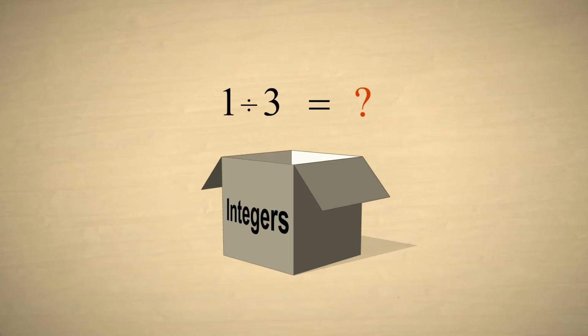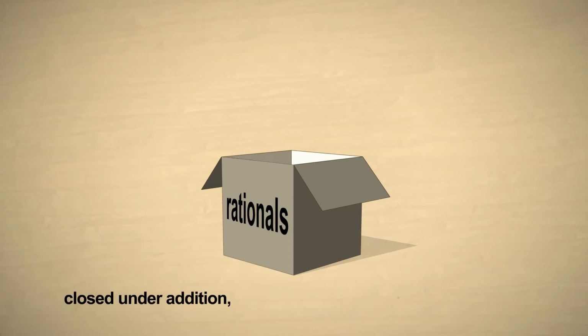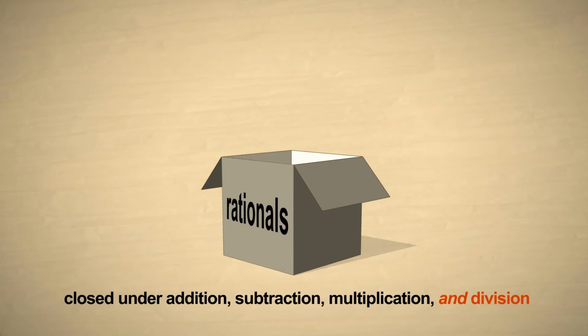To represent the result of division operations, we will have to expand our number system to include fractions. This collection of integers and fractions is called the rational numbers. Rational numbers are closed under addition, subtraction, multiplication, and division.